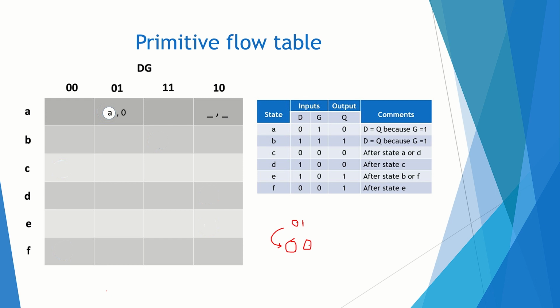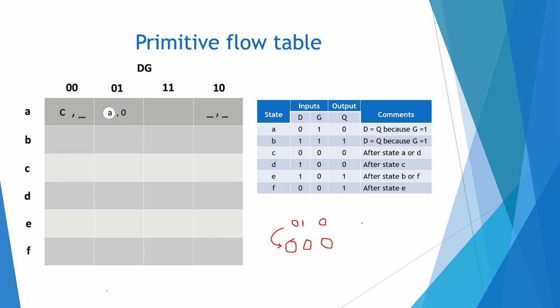So according to the problem statement, whatever value the output was, it is maintained, so it is 0 0. So we have here 0 0 0, which means the state C comma 0, C comma dash. It's a transition state. That's why it is given as dash here.